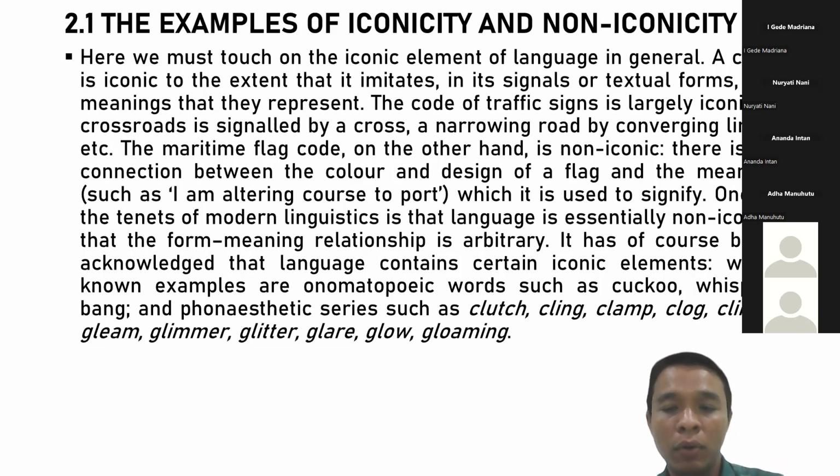A narrowing road by converging lines is iconic too. Meanwhile, the maritime flag code is non-iconic. Those are the examples of iconicity and non-iconicity.